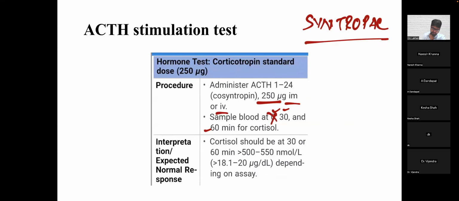So you take a baseline cortisol sample. This is sample 0. Then you give ACTH, 250 microgram, either IM or IV.